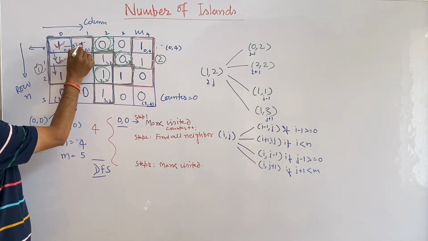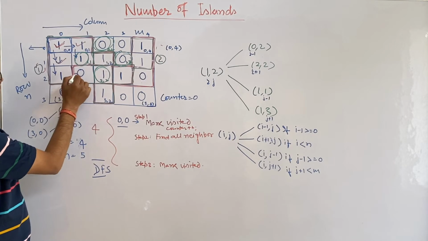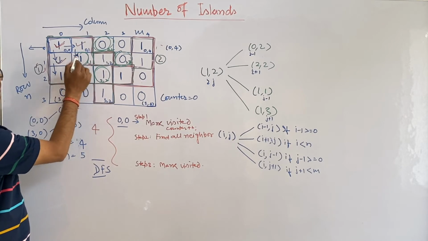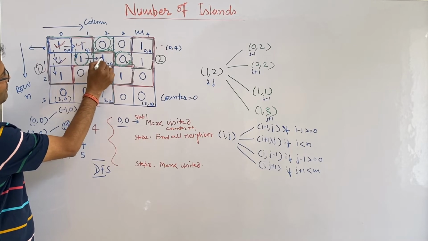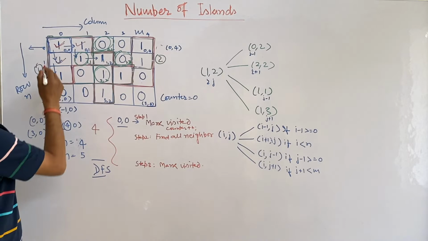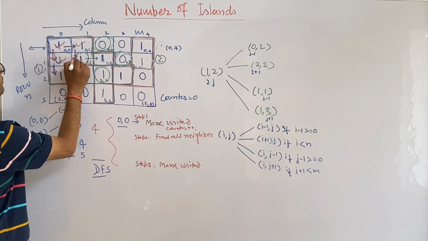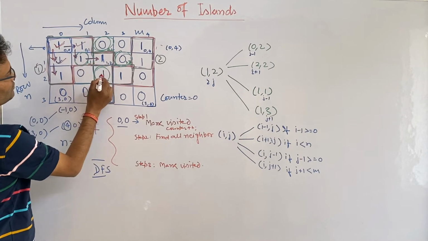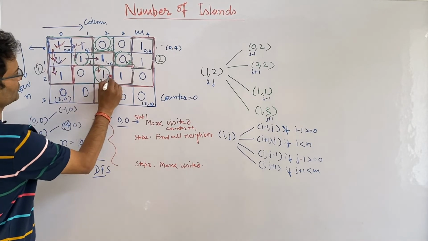Again this is 1, I will mark it. Again come here, mark it. There is no one, no one. Come up, there is no one. And again come here, this is 1, I will mark it. So see, this is my DFS arrow. It will come here, it will come here, then it will come here. And this is one also.